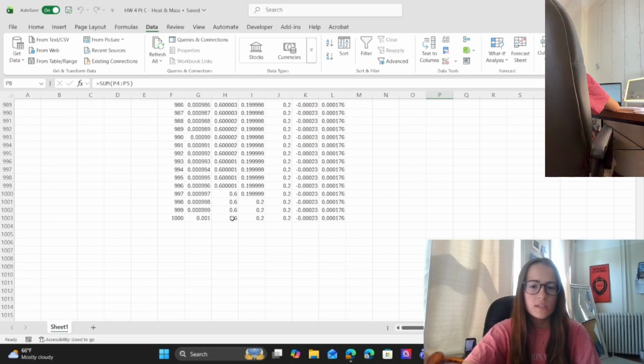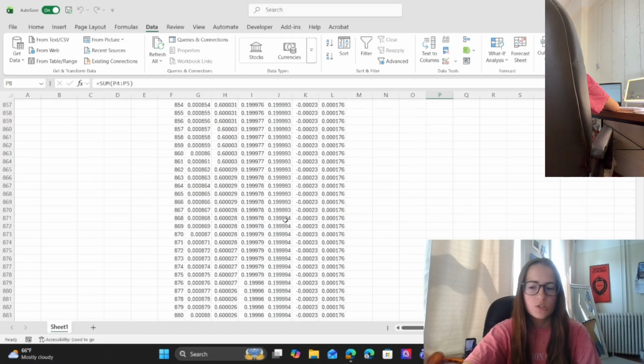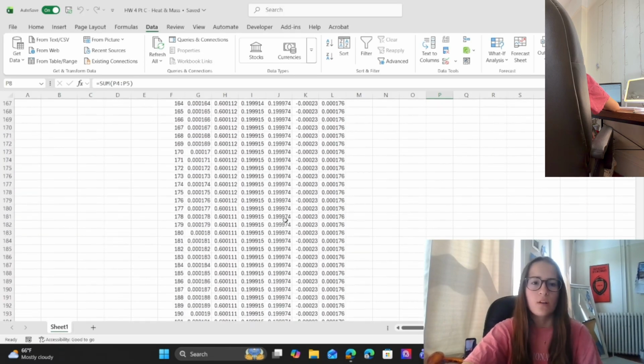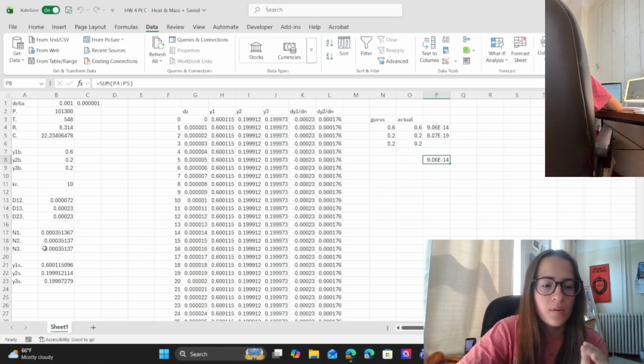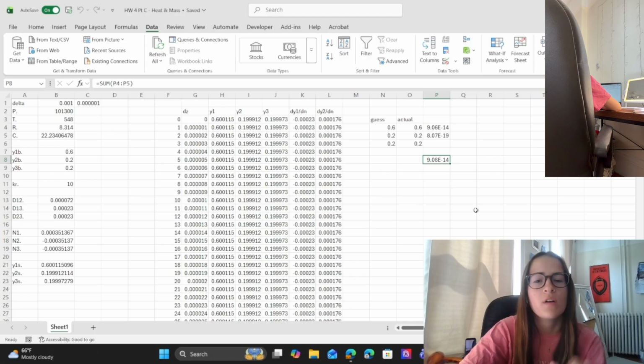Perfect. So now we have 0.6, 0.2, and 0.2, which is what we wanted. Those are the actual values now. So I had messed up plugging in our fluxes, and you could see how that completely throws off the whole system. So now we have it correct, and these are the actual values that we want at our bulk.